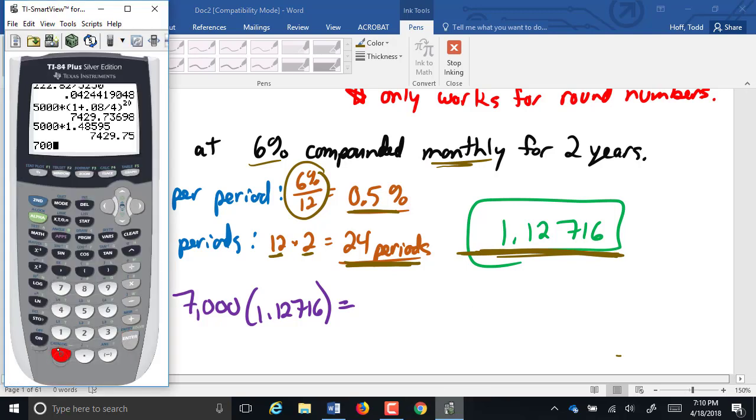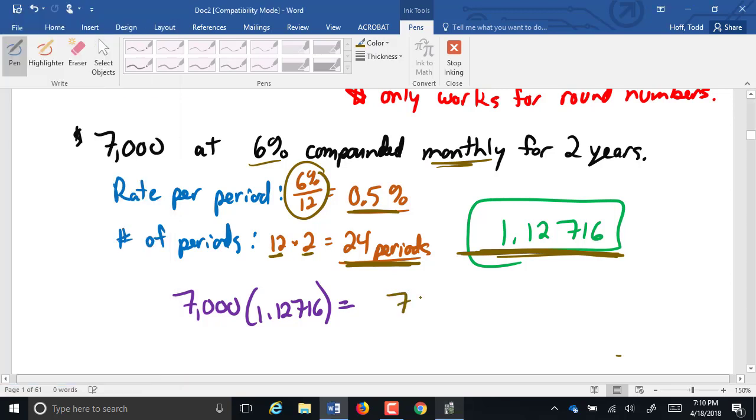So our $7,000 times 1.12716 is 7890.12. Did anybody use the formula to double check it? What'd you get, the same amount?